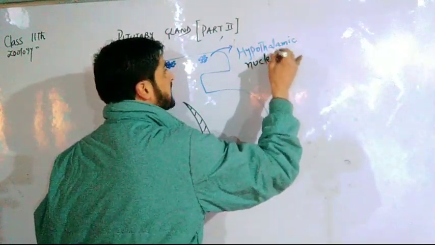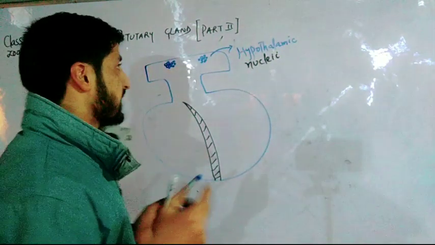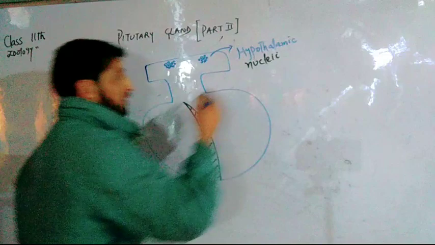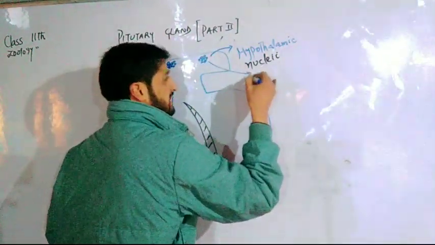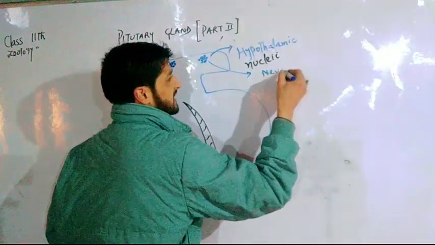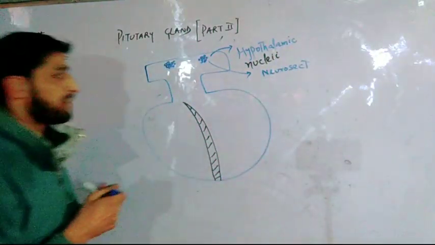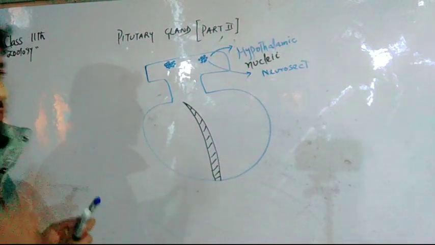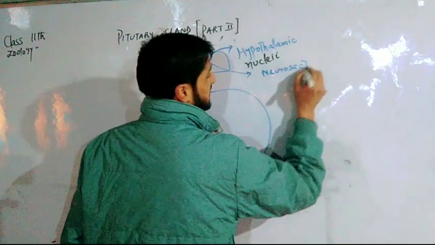These hypothalamic nuclei are clusters of neurons or nerve cells. Or you may call them clusters of neurosecretory cells. When we study the hypothalamus in neuroanatomy, I will tell you what exactly neurosecretory cells mean.